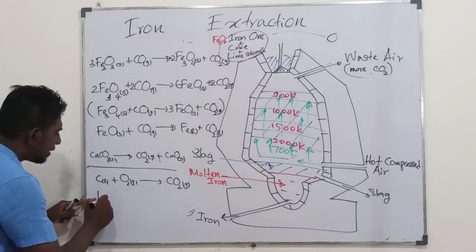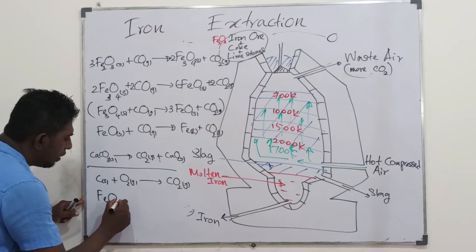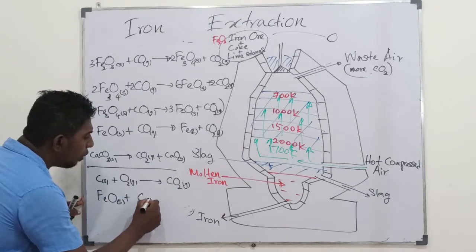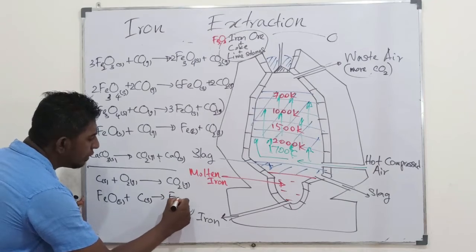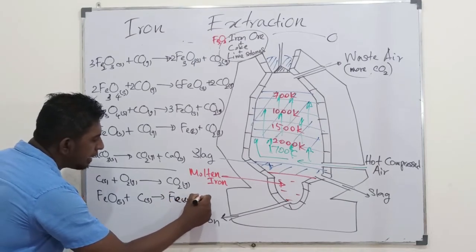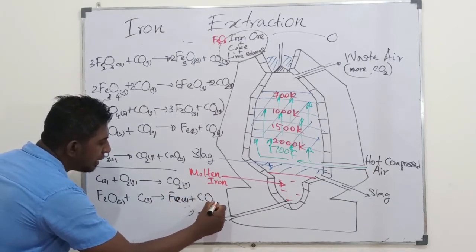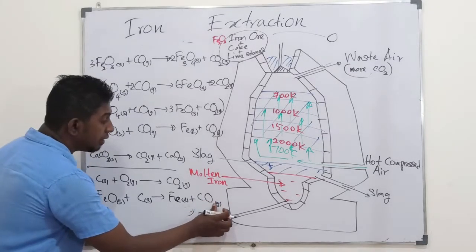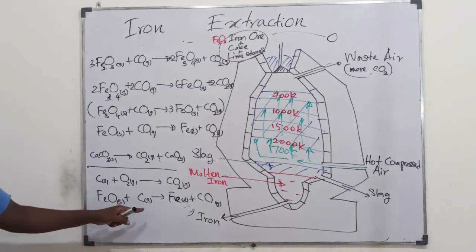Then students, you could have this reaction as well at the bottom. Ferrous oxide would be transformed by coke into liquid iron. But it's another reduction reaction. Though it is not the main reducing agent, carbon monoxide is the main reducing agent.